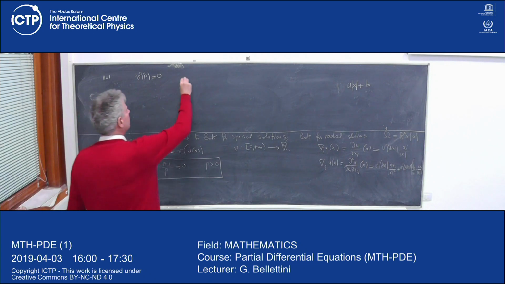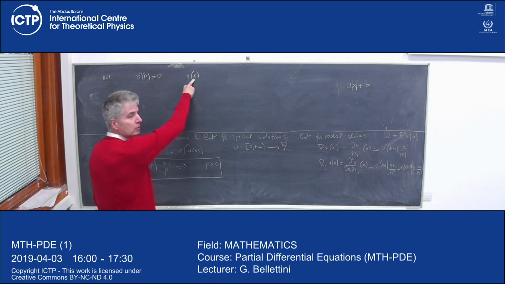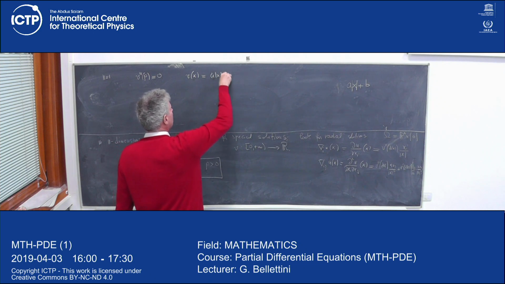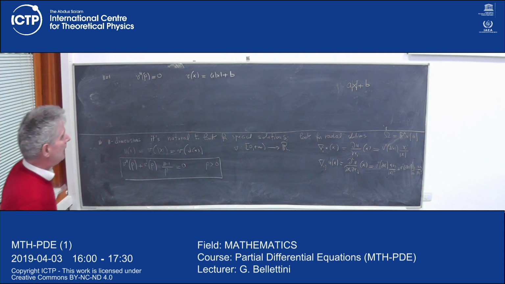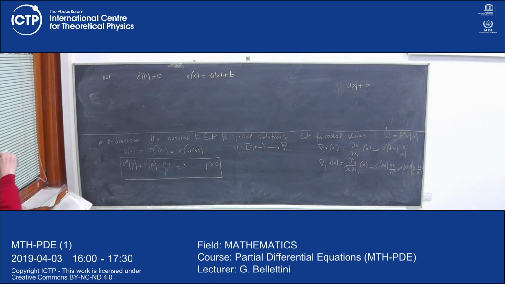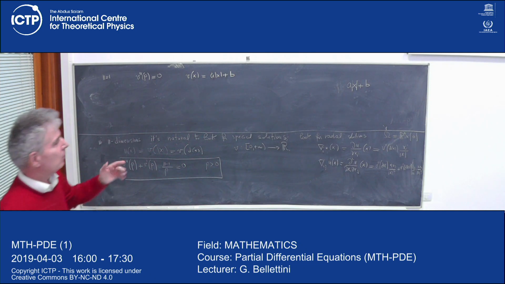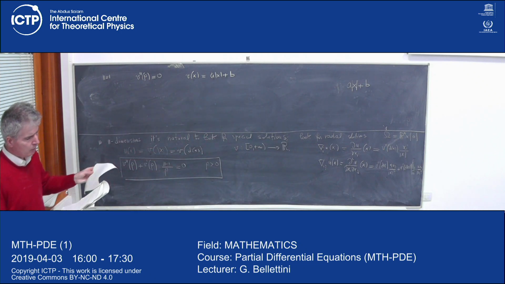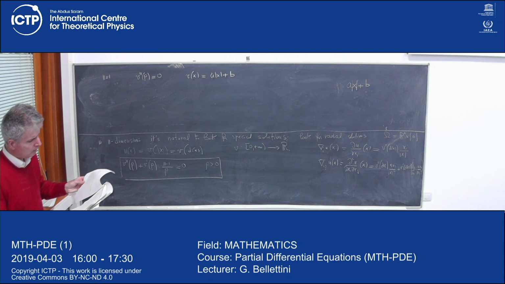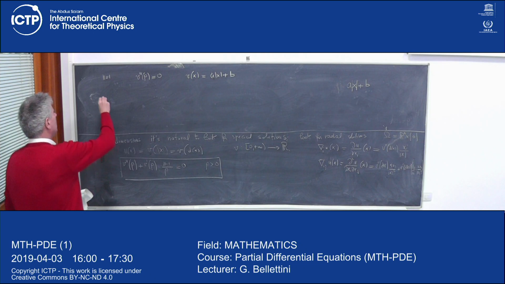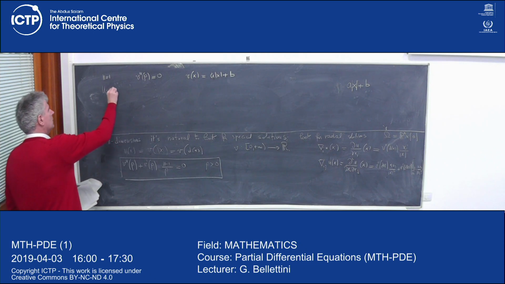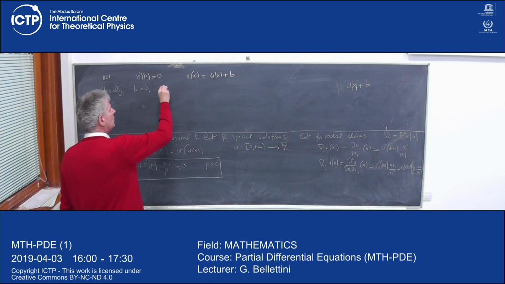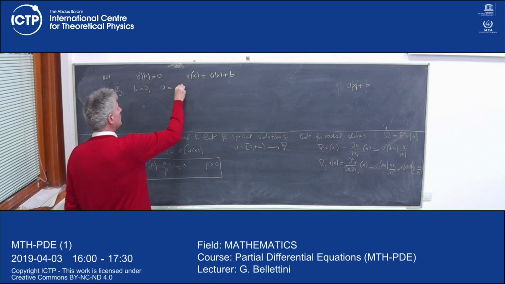Okay, so v of x in one dimension, let me go back to the notation x. So this is ax plus b. Now, one can choose a, b, etc., but there is a natural choice: b equals 0 and a equals minus 1 over 2.